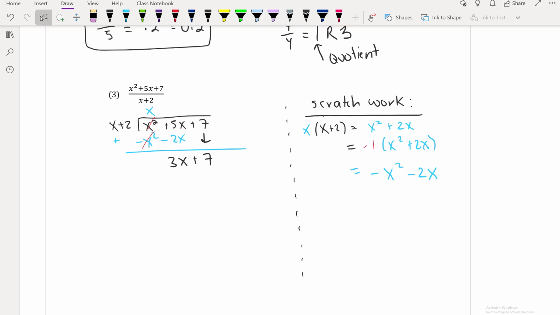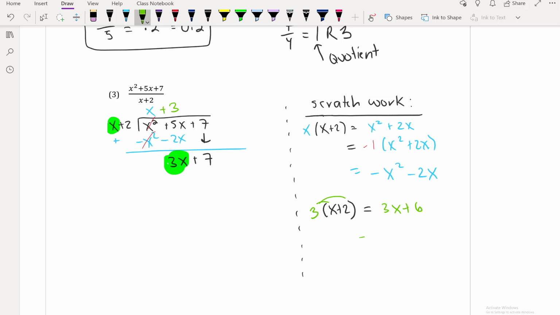So I kind of start all over again. So I'm like, okay, well, if I have x here, and I want to go into my 3x, what do I need to multiply by? Well, that would be a positive 3. So I'm multiplying 3 times my x plus 2. Well, then that would give me, once I multiply that out, 3x plus 6.